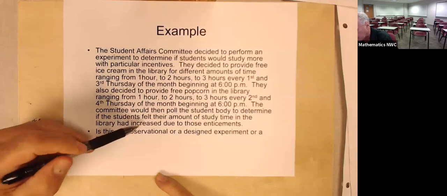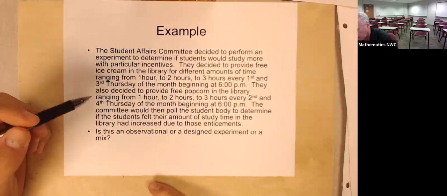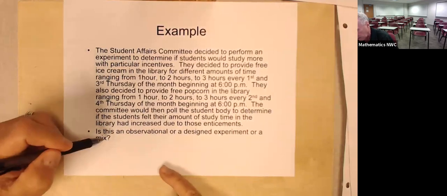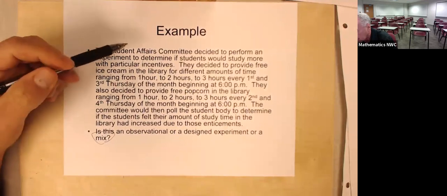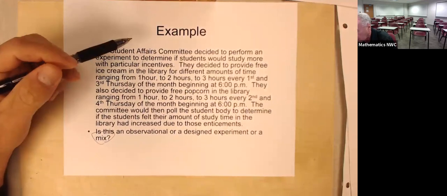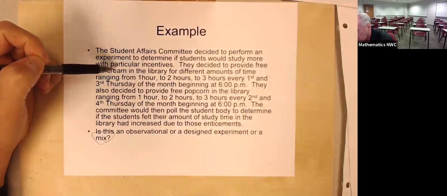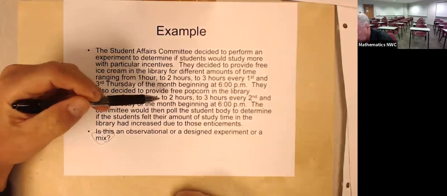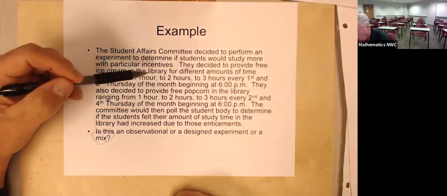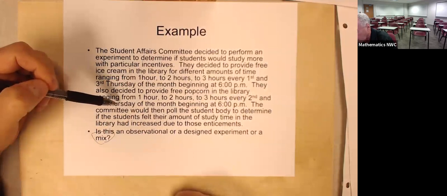Is this an observational, designed, or a mix? Well, by now you know I've covered the first two. This one is likely to be the mix. It's a mix because we are very intentional about giving free ice cream on the first and third Thursday. We're very intentional about giving free popcorn on the second and fourth Thursday.